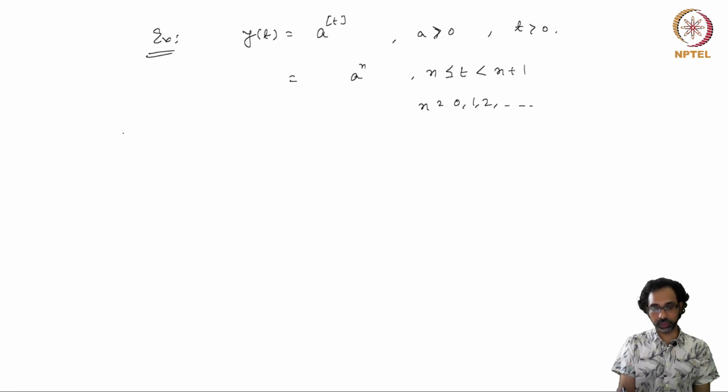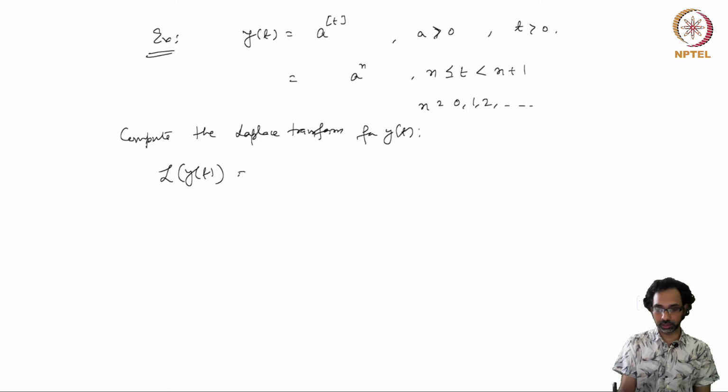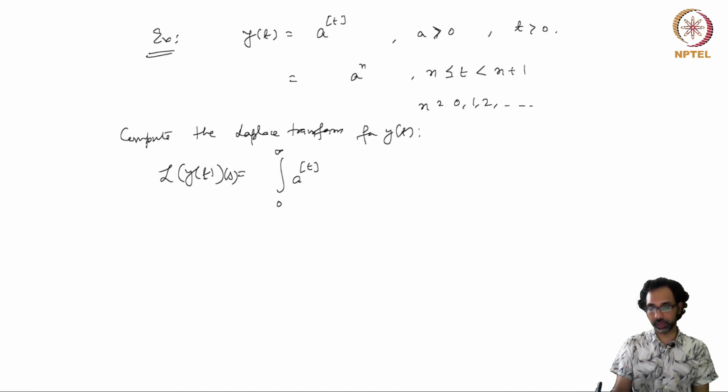So let us compute the Laplace transform for y(t). So the Laplace transform of y(t) with respect to the variable t is equal to the integral from 0 to infinity of a to the power greatest integer part of t times e to the power minus st dt.